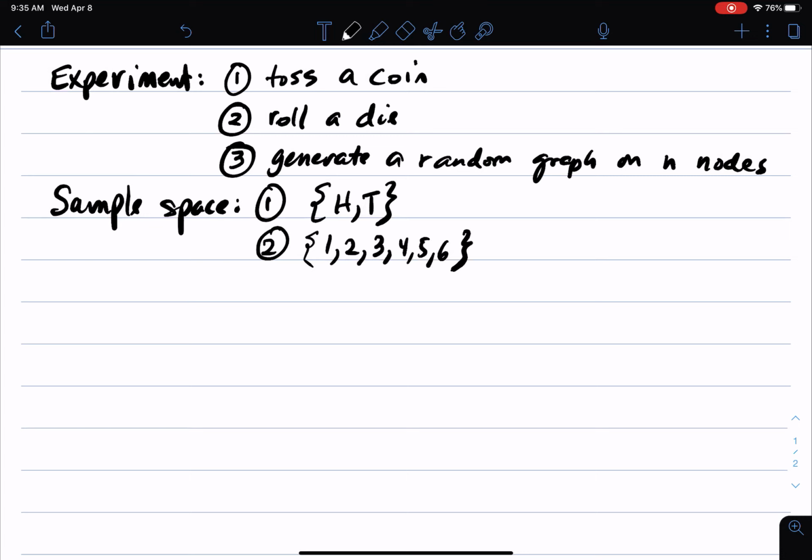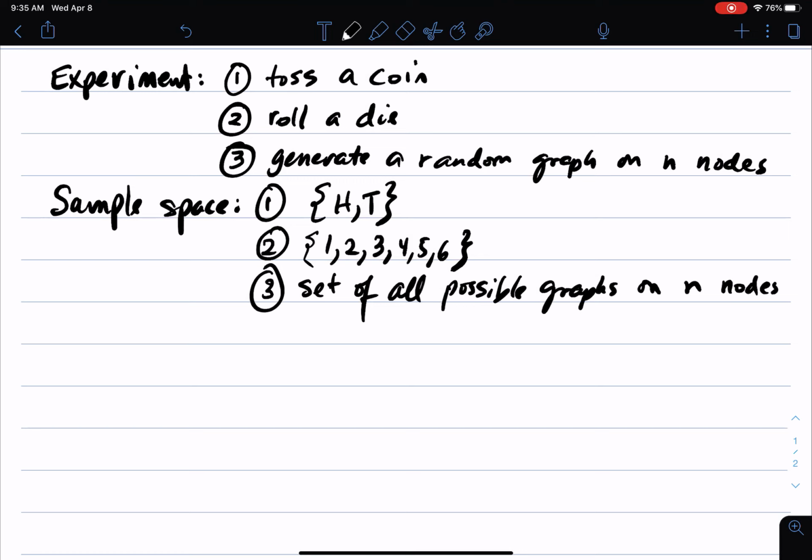Right? For the third experiment, the sample space is the set of all possible graphs on n nodes. Okay, and I cannot write these explicitly in the case of the third experiment, but think about it: the set of all possible graphs on n nodes.